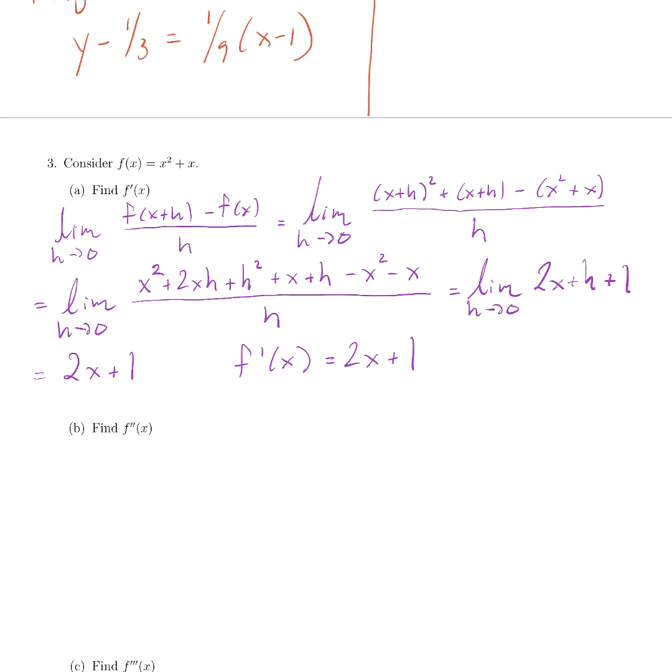All of that should simplify to the limit as h goes to 0 of 2x plus h plus 1. And at that point we can take this limit. This term is the only thing changing because the h's are changing. It's approaching 0. And so that limit is 2x plus 1. So we just found that f prime of x is 2x plus 1.